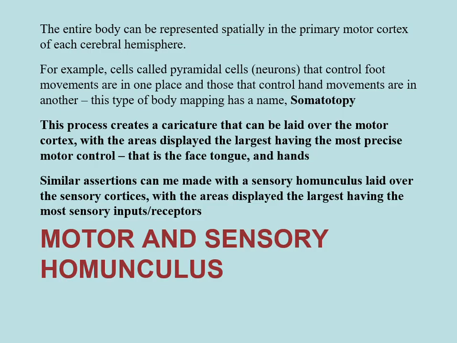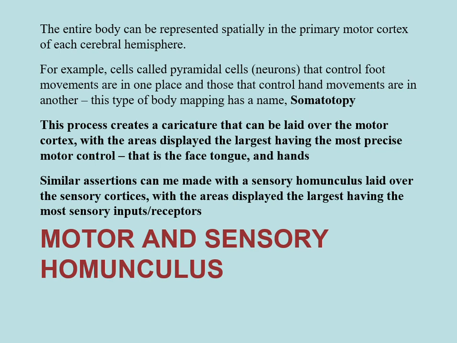And when we're talking about motor areas and how they control outputs that go to the body and regulate things like skeletal muscle, we can take a map and represent spatially the entire body on that primary motor cortex. And that creates a type of body mapping that's called somatotopy.